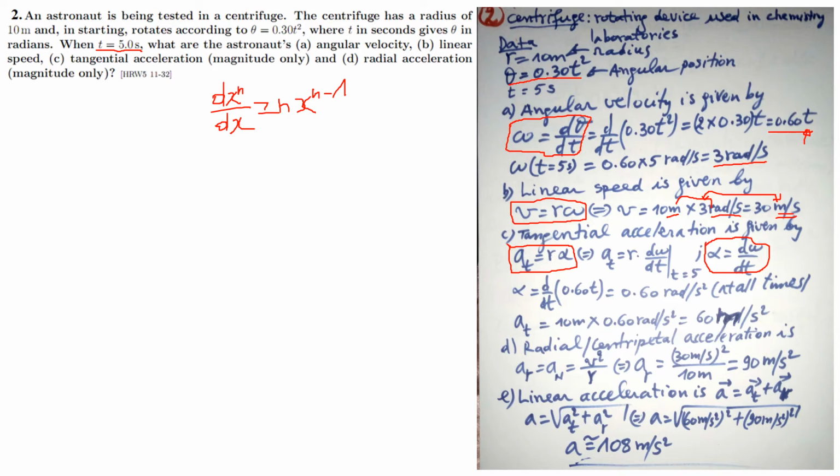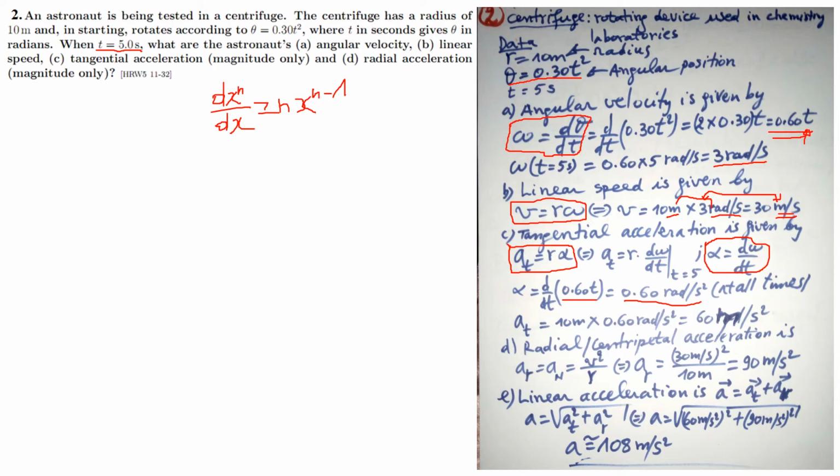Then we need to find the angular acceleration, which is equal to the first derivative with respect to the time of the expression 0.6 times t, which is the expression of our angular velocity. Then we derive this, and it becomes 0.6 radian per second squared.